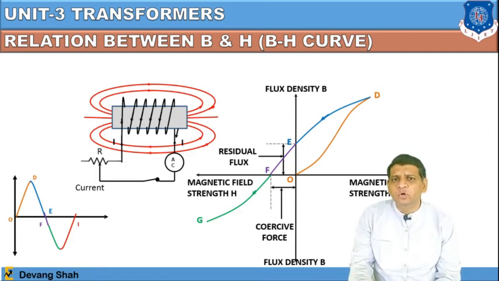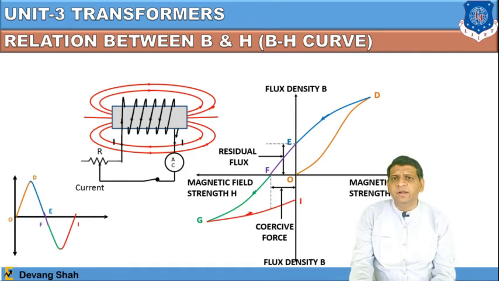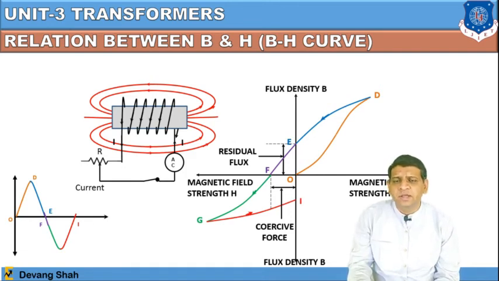So again I am going to take the signal coming towards 0, and once the signal is coming towards 0, that means field intensity becomes 0, but still there is a residual magnetic flux remaining in the magnetic circuit, and that we define as from G to I. The gap from O to I is defined as a residual flux, right?